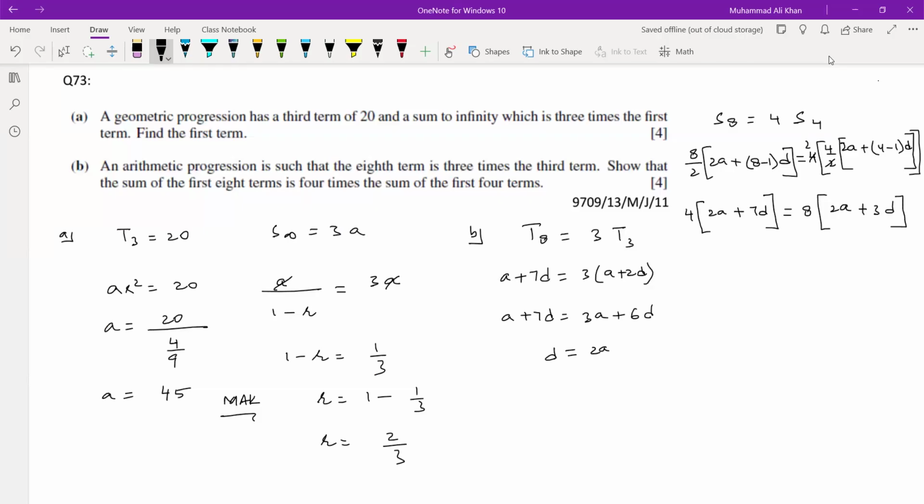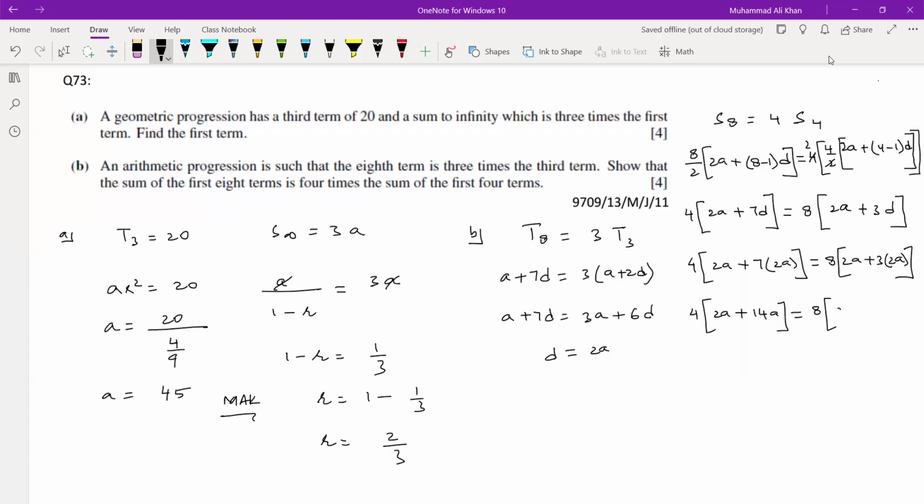What is the value of d? The value of d is 2a. 4 times 2a plus, here it is 2a equals 8 times 2a plus, here it is 2a. Now, this will be 4. In the bracket, we have 2a plus 14a equals, this will be 8.